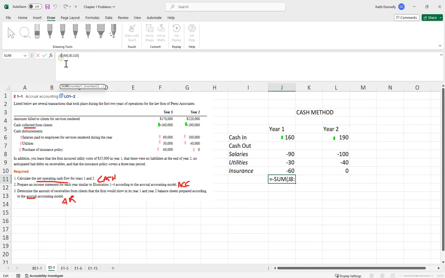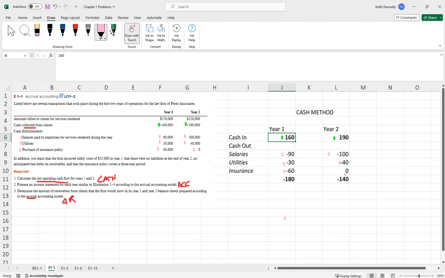If we were to sum these guys, I think I put a negative there. Oh, I deleted the equal sign, the fun of Excel. We're looking at negative 180. If we sum these, we're looking at negative 140. So that's the subtotal. Let me make these pink, so if you were to pause it, you could see where I'm getting stuff.